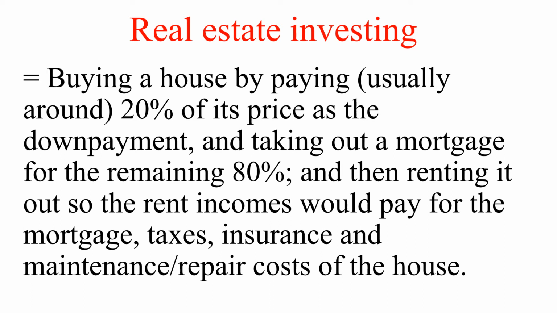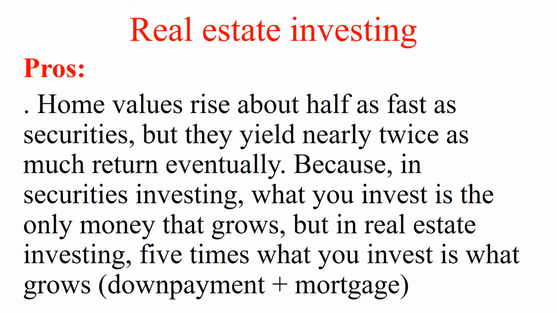Your renter would pay you monthly rent, and you would spend that money to pay the mortgage and other costs of the property, which are taxes, insurance, and maintenance. This idea is real estate investing, and it has a very appealing aspect, which we'll discuss in a few moments. It should be a part of every financially savvy individual's portfolio.